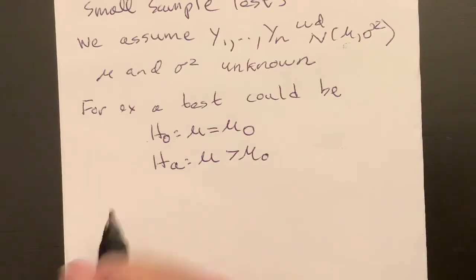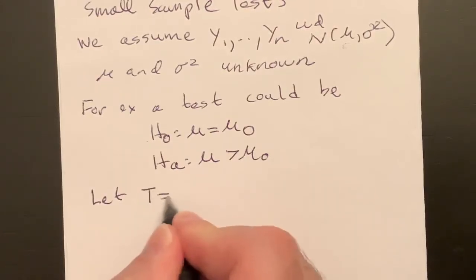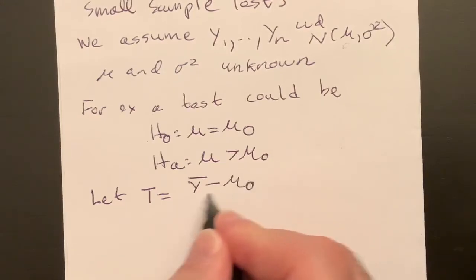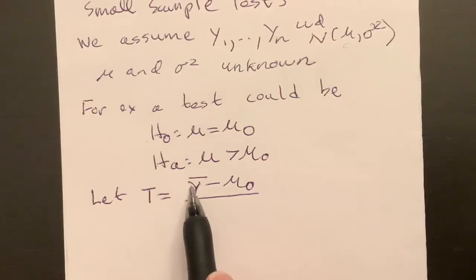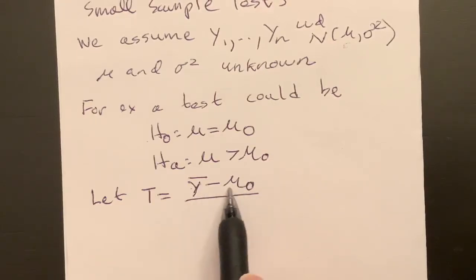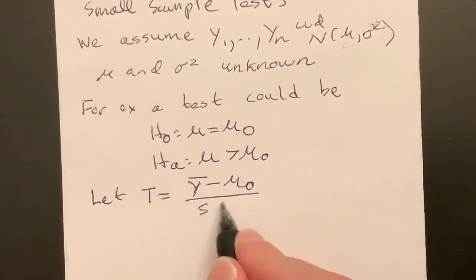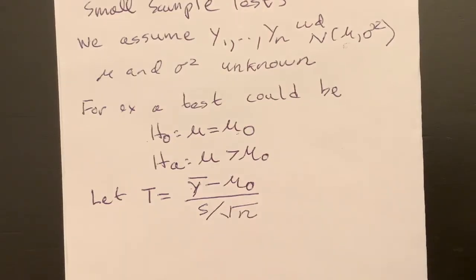So we'll let t equal y bar minus mu 0. The numerator will be positive if y bar is bigger than mu 0, and it will be negative otherwise, over s, the sample standard deviation, over the square root of n.